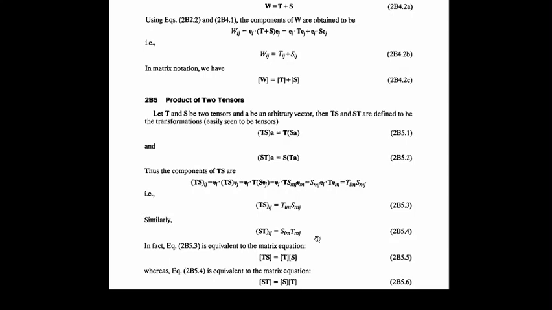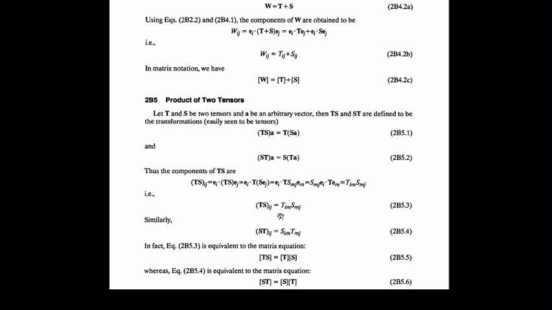So you need to keep this in your mind, the way we are writing the indices. If you write this thing with the indices in a different order, then it will be wrong.